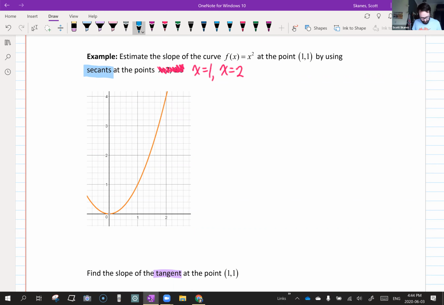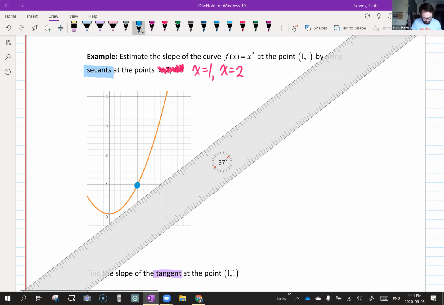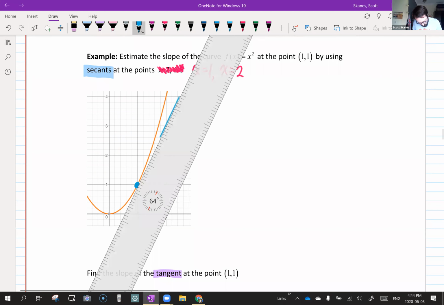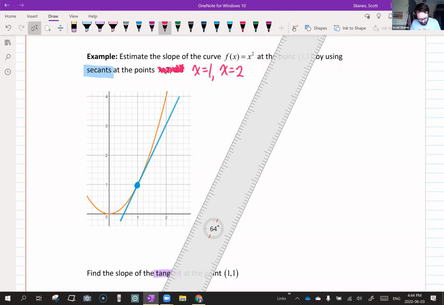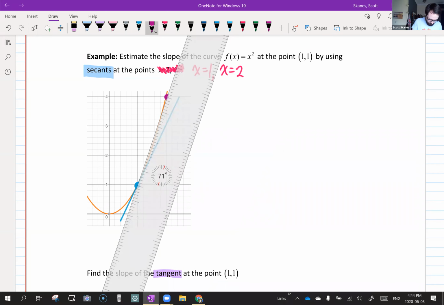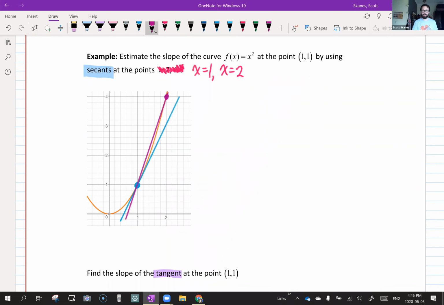At x equals 1, our tangent would look like this. If we draw the line x equals 2, so make a point at x equals 2 and connect these. This is our secant line. We can see that they're almost touching. They're almost exactly the same, but they're not identical.